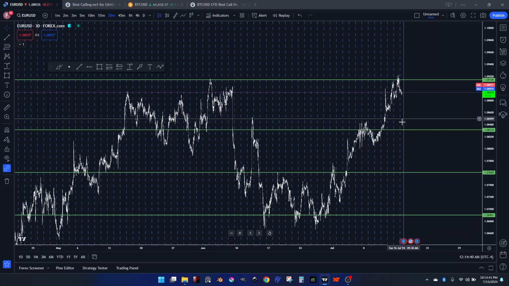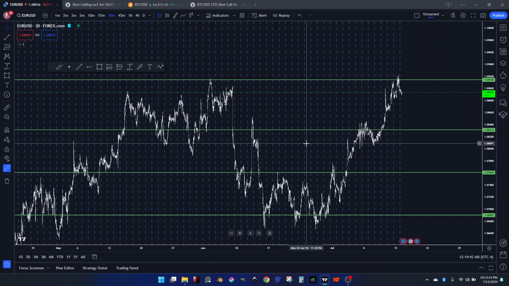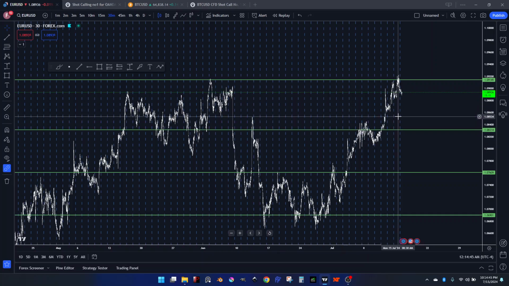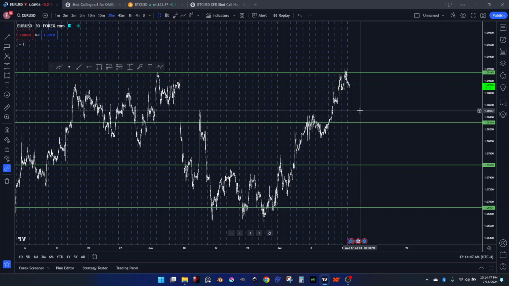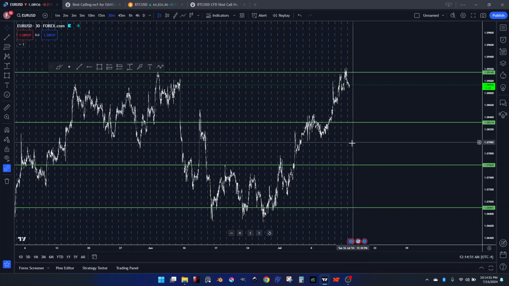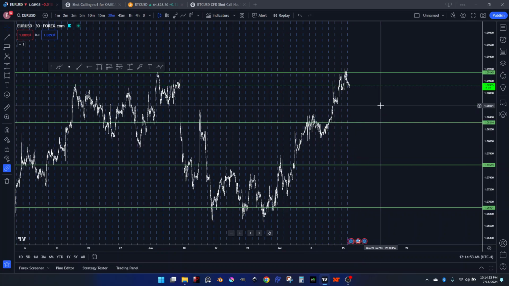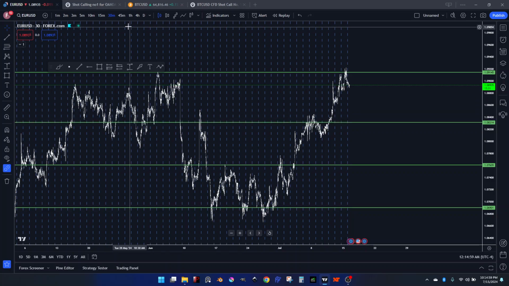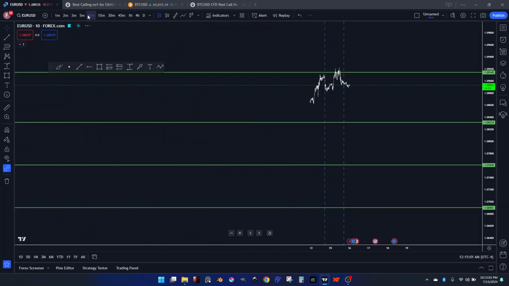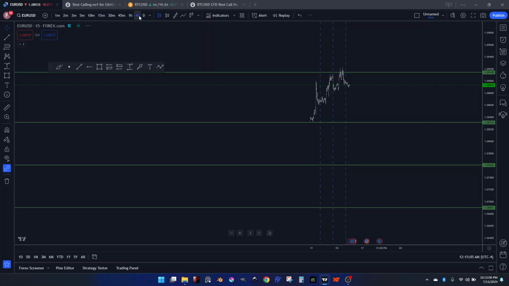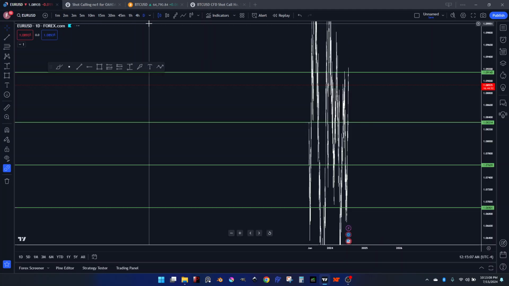If you already had all your levels marked and they matched up with what I had at any point, then you did a great job. If not, just go back and practice and kind of look at things, rewind the video and pause it, see where I marked all of my levels, and then go back and just kind of study how the chart looks on different time frames between the 5, the 15, the 1 hour, and the 4 hour. And daily.